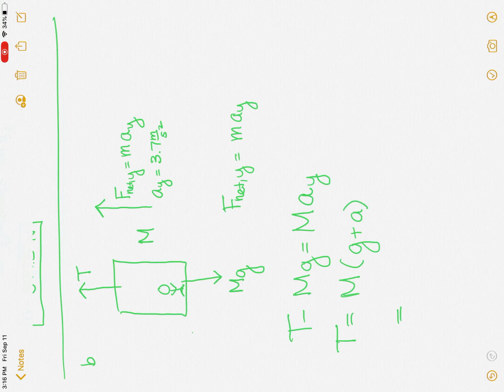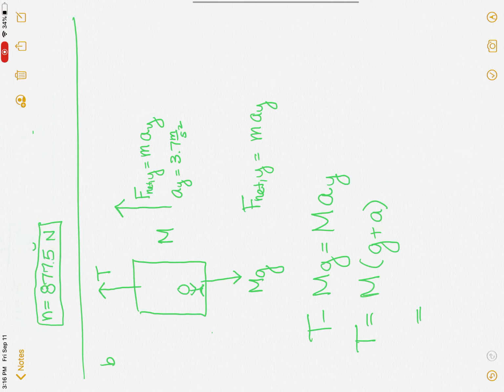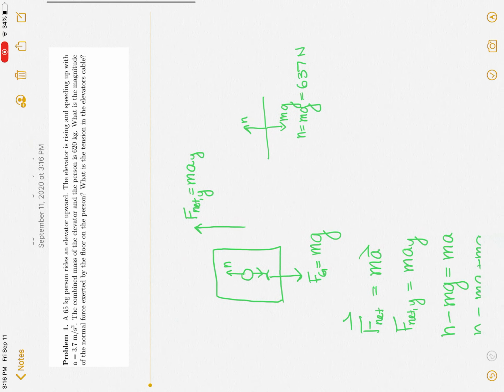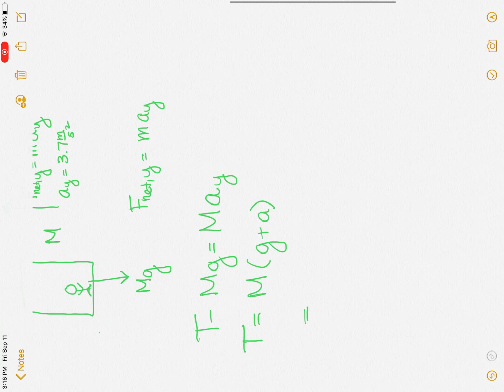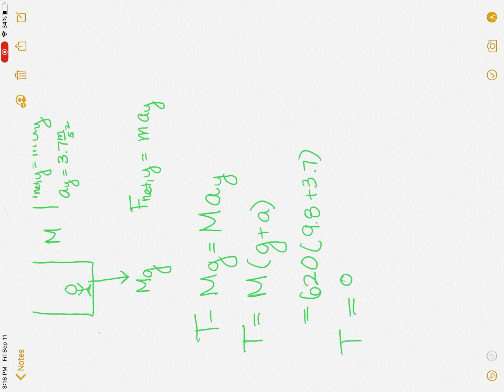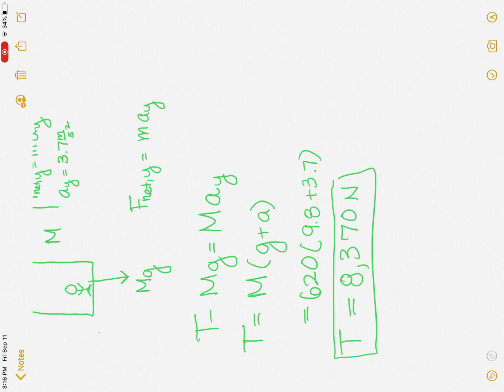When we calculate this, we have 620 kilograms from the problem prompt, so that's 620 times 9.8 plus 3.7. Then we get a tension in our elevator cable of 8,370 newtons.